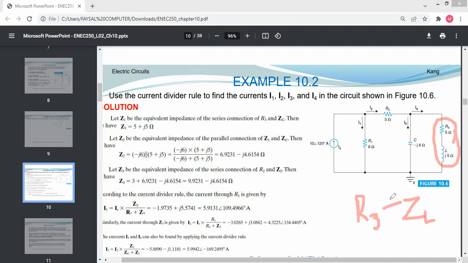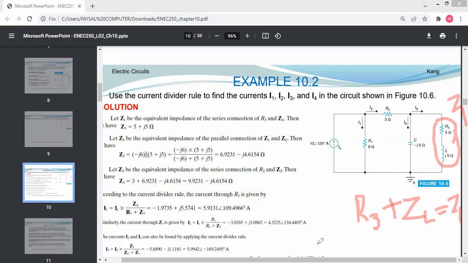So this series connection equals Z1. This value is replaced by Z1.